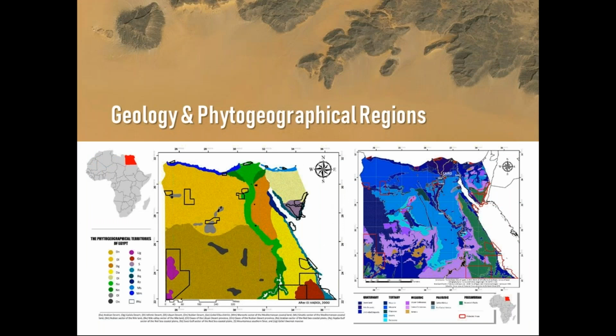These maps present the geology and phytogeographical regions, focusing on the regions, and the black line and the polygons are the protected areas of Egypt. They are distributed over 15% of the site area. These maps facilitate the decision about the percentage of each region in each protected area. Next slide, please.